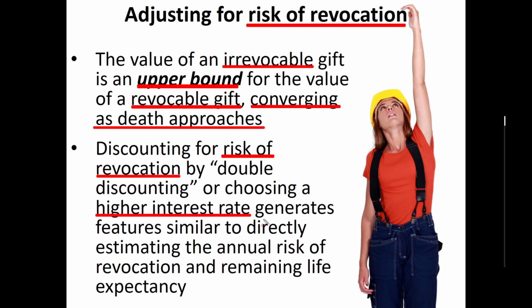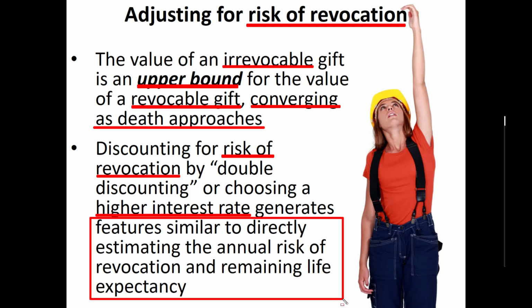What I'm going to share with you is an argument that either of these strategies generates features that are similar to directly estimating the annual risk of revocation and the remaining life expectancy.